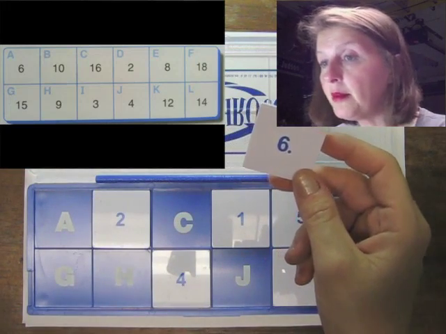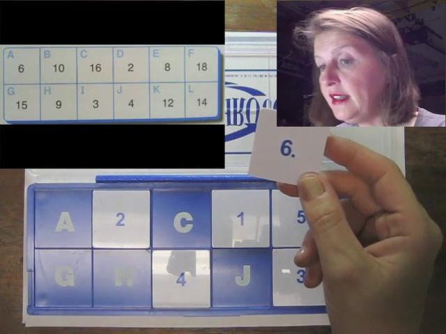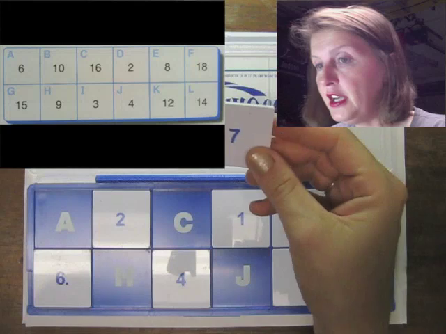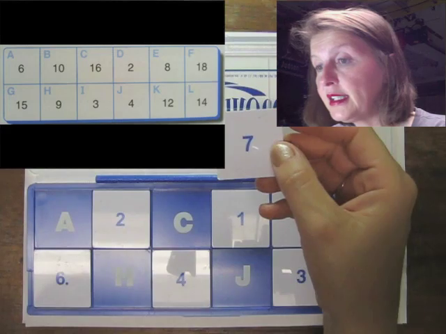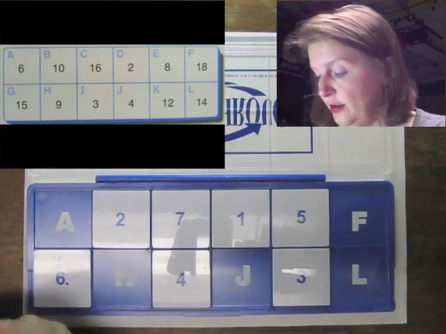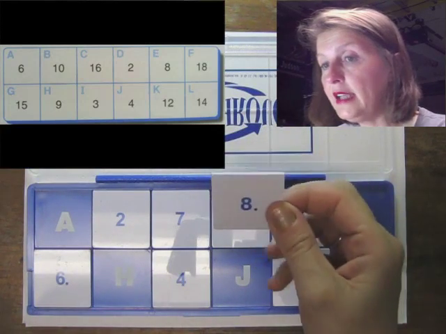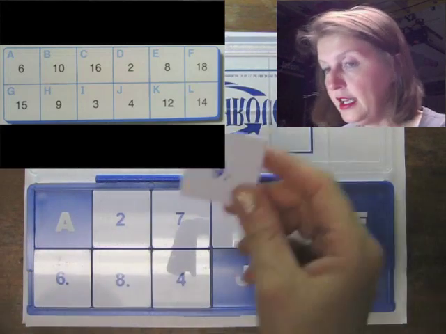But problem number 6 is 5 times 3 is 15, which corresponds to letter box G. Now problem number 7, 8 times 2 is 16, corresponds to letter box C. Here's problem number 8, which is 3 times 3 is 9, letter box H.